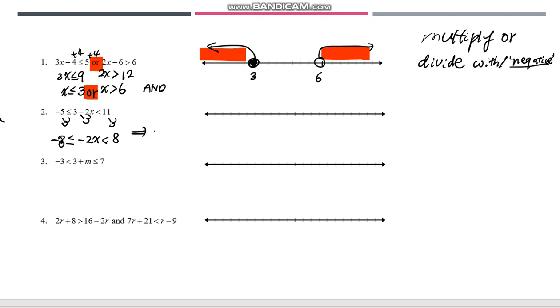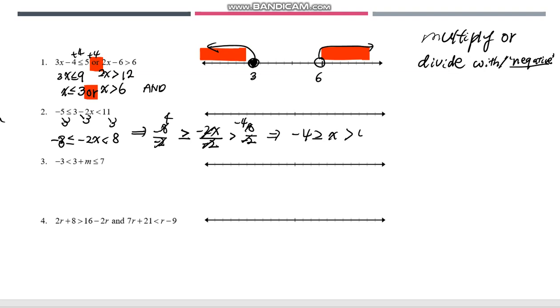Therefore, -8 over -2, then -2x over -2, and 8 over -2. If you simplify this, this is 4, this is x, and this is -4.